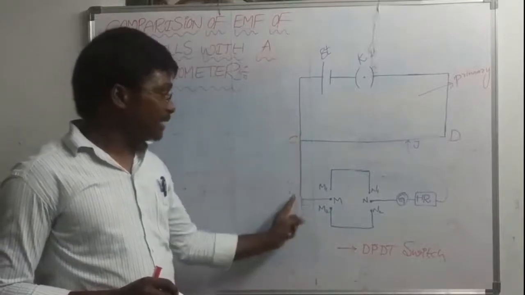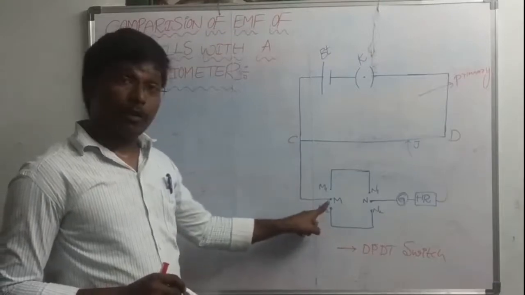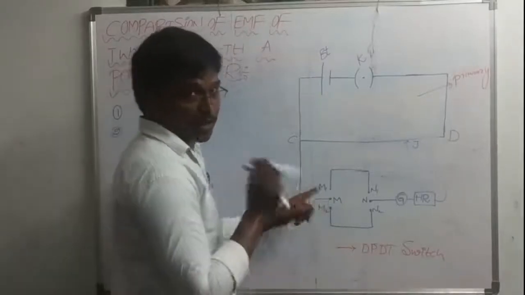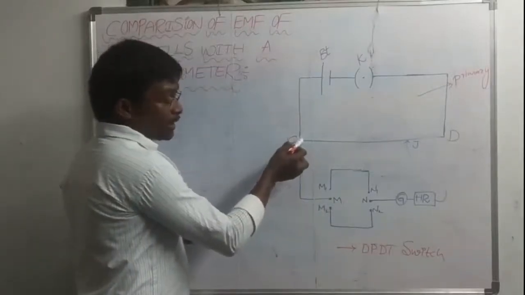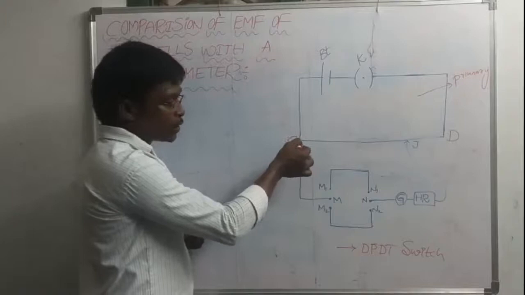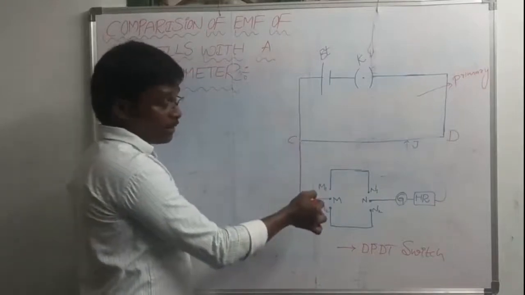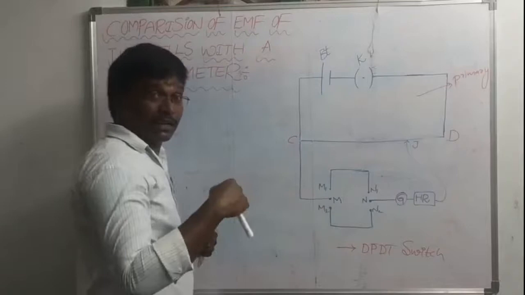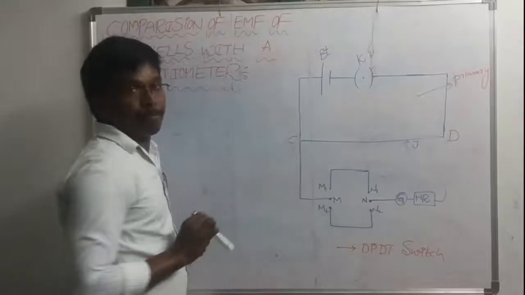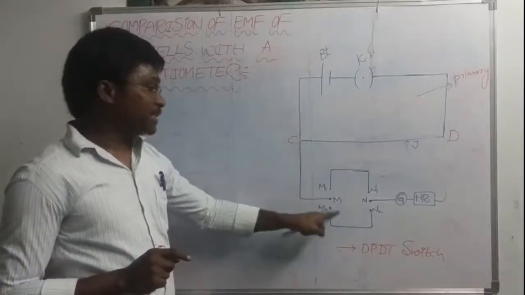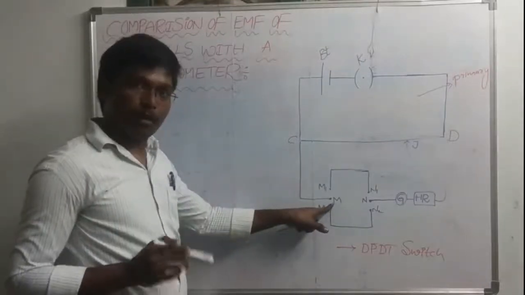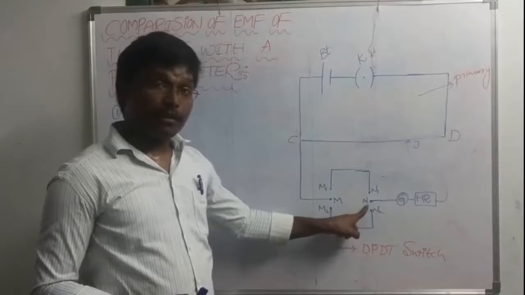One end of the potentiometer wire, C, is connected with one terminal of the DP-DT switch, M. What is that end? M. And the other end is N.